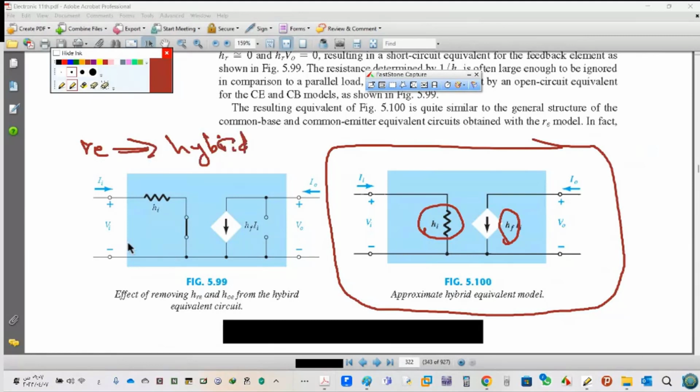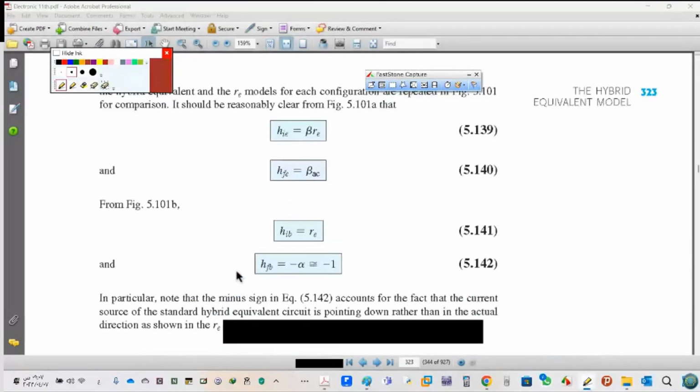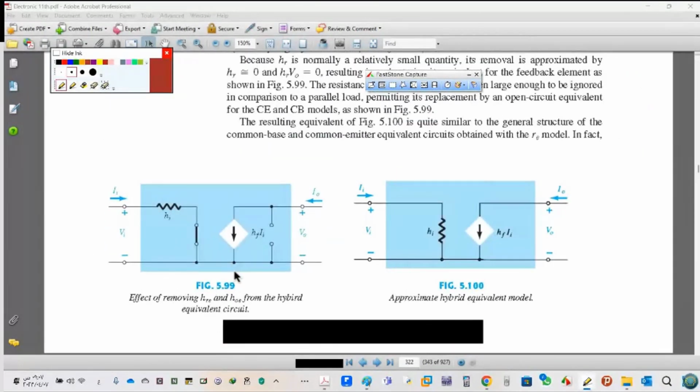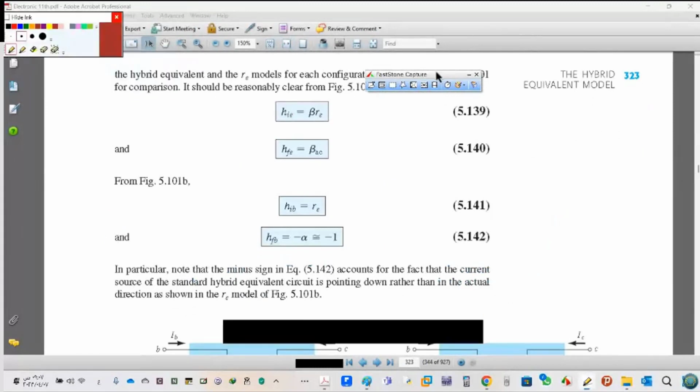How do we do this? This is advice for you. See here in our book what it said: the hybrid equivalent RE model for each configuration is repeated.